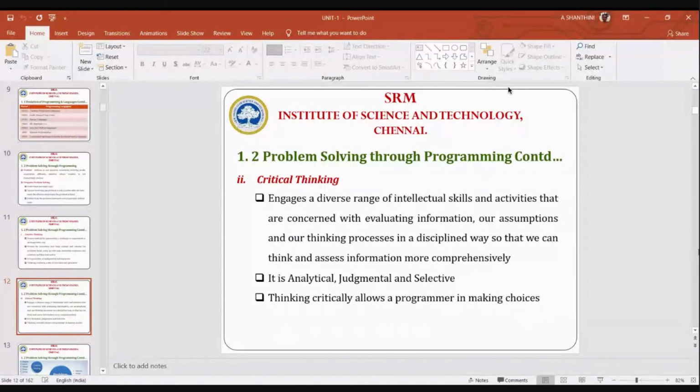Similarly, if you use some material for your home, like plumbing work, the plumber should decide what would be the best suited materials for that particular work. All of this needs to be addressed with critical thinking.